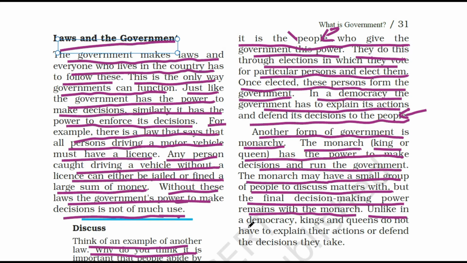Unlike in a democracy, kings and queens do not have to explain their actions or defend the decisions they take. So, a democracy is quite the opposite. A monarchy is basically where a king or queen has the power to make decisions. An example that comes to my mind is Saudi Arabia. It is a monarchy.